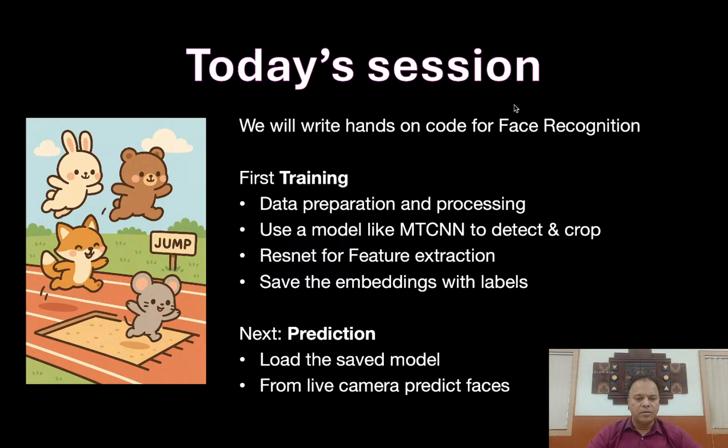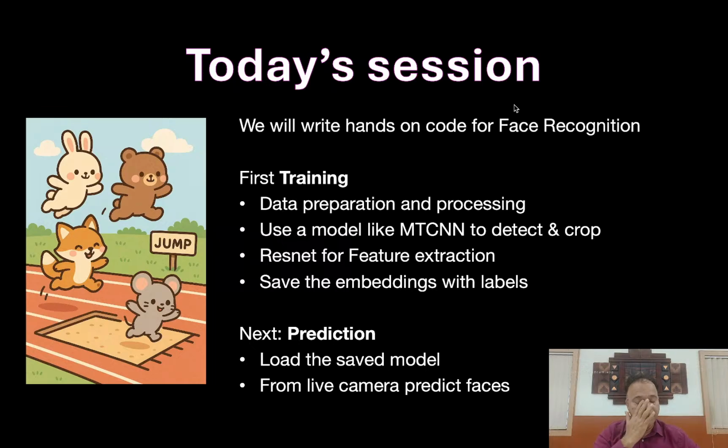So there are two parts in face recognition. The first part is training, and the second part is prediction. Training is creating a brand new model which does not know any faces, by giving it some photos and telling the model that these are my friends, the people that I recognize. Please make a note of them, extract their features, and understand them.